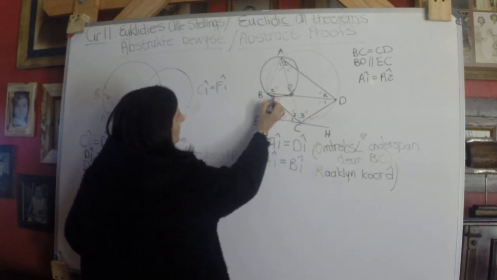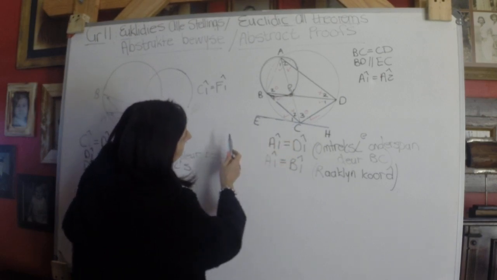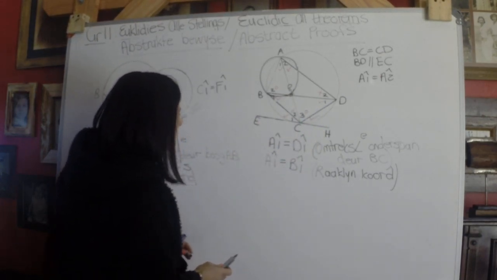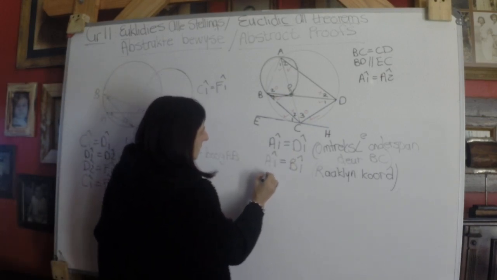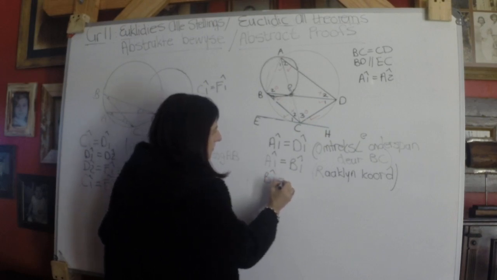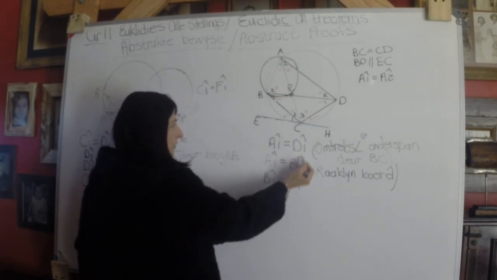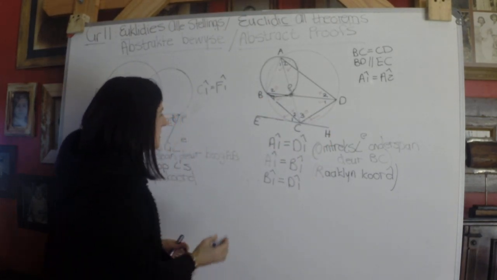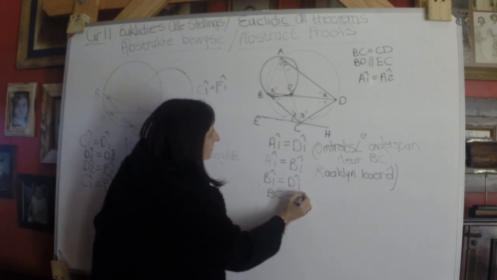So if we look at B1, then B1 also equals D1. Therefore, B1 also equals D1. Want as die A1 is dieselfde, daarom moet daai twee dan ook gelyk wees. Nou het ek dit bewys, and therefore BC equals CD.